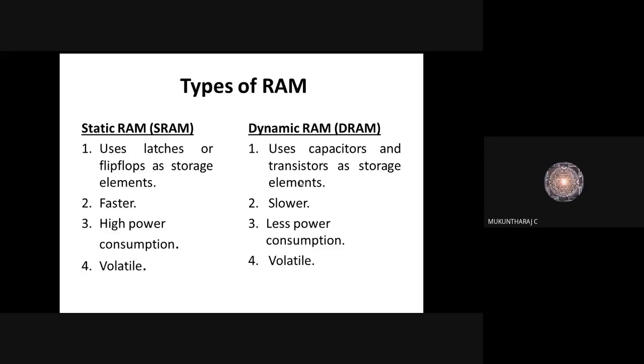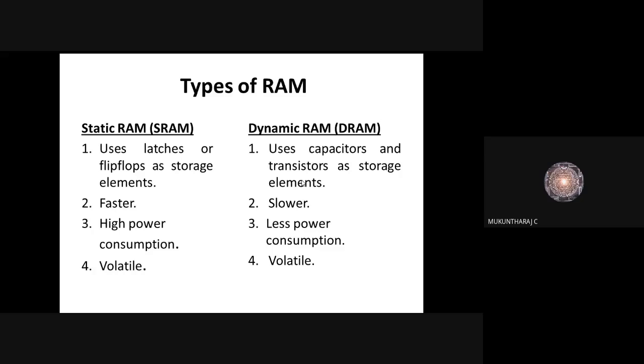Then again, static RAM is a volatile memory. Dynamic RAM is also volatile memory. So both are volatile memory. What is volatile memory? It can store the data only when it is powered on. If the power is cut off, then both memories lose the data.